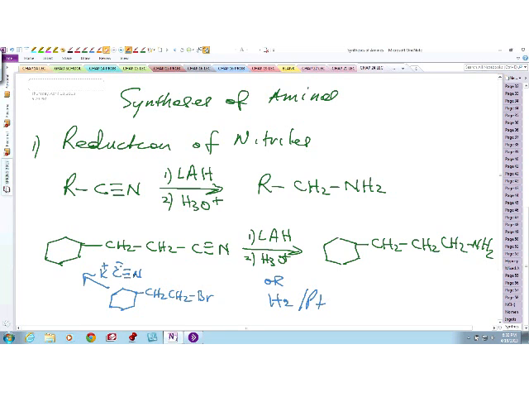In this case, the cyanide will act as a nucleophile, displacing the bromine in an SN2 reaction. So that is one method for making amines.